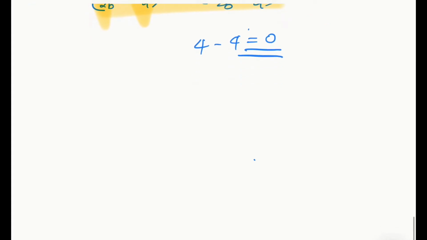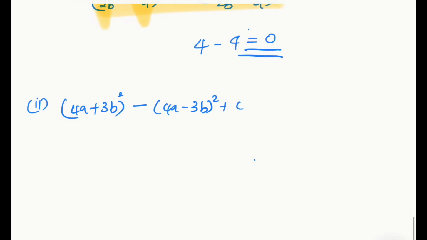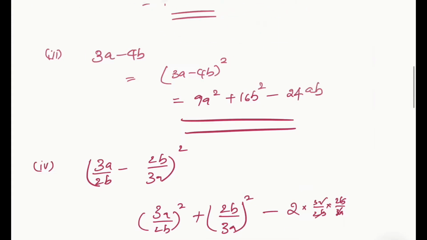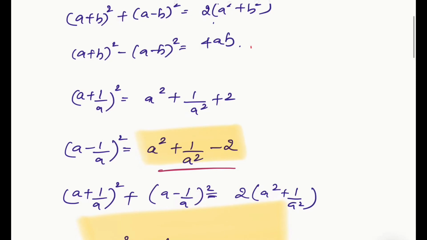Second sub question we have 4a plus 3b the whole square minus 4a minus 3b the whole square plus 48ab. So again let us look into that formula. What is that? We have a plus b whole square minus a minus b the whole square is equal to 4 times ab.